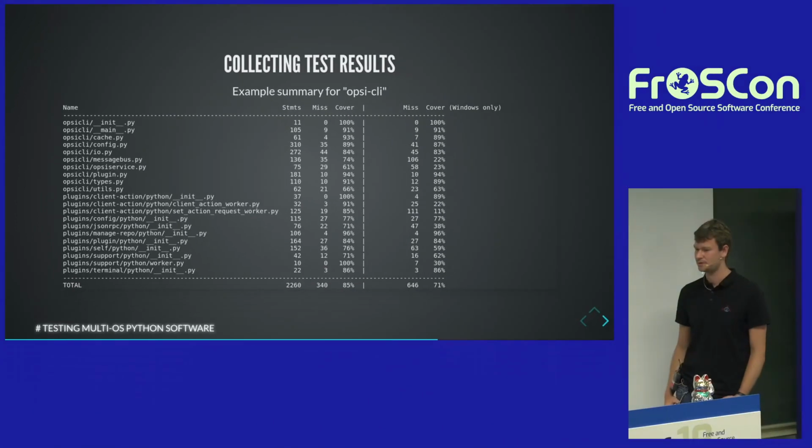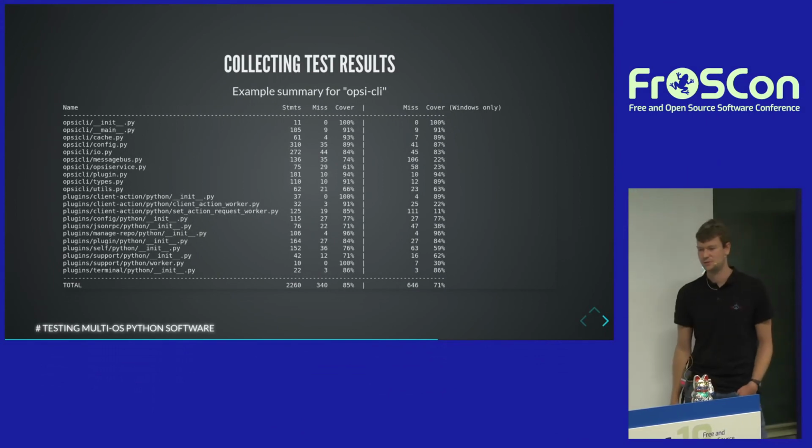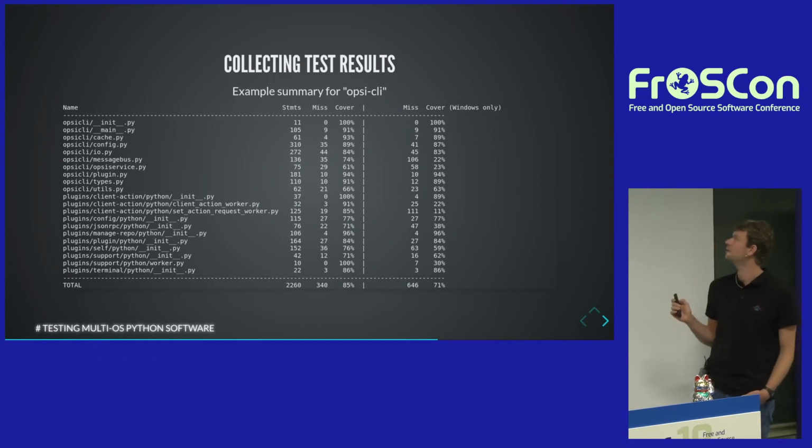And on the right-hand side, you see a similar output, which is the one produced by a test for one specific platform. This is for one Windows platform. Basically the same things, just different numbers.